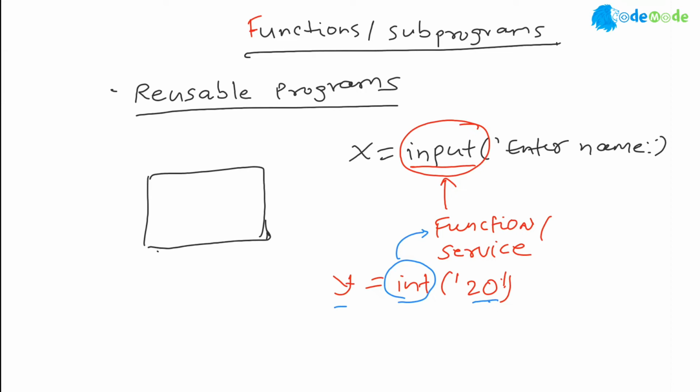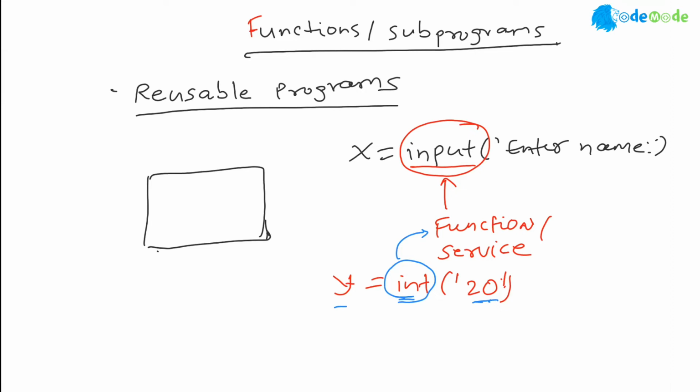Like I can add another number, I can divide by another number and all that. But in order to do the mathematical operation, I must make single quote 20, which is a string, into a number. But did we do it ourselves? No, we simply used a service or function provided by Python.